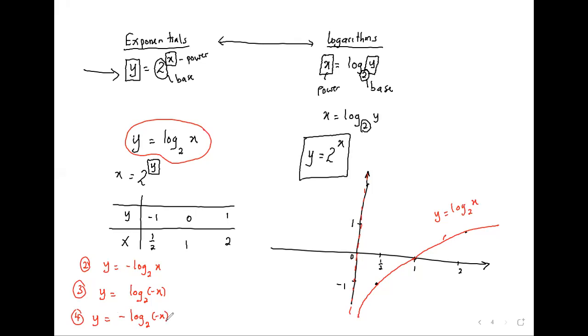So we have 4 of them here as well: 1, 2, 3, 4. So this is what we get there.